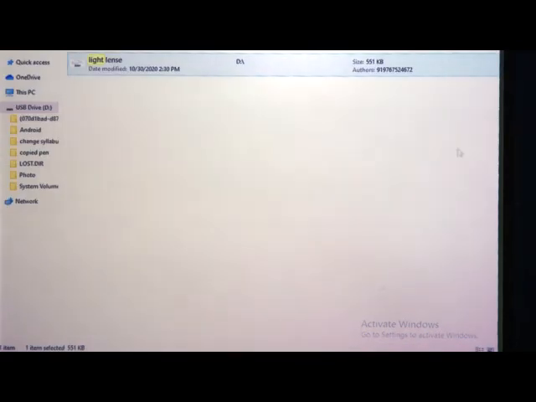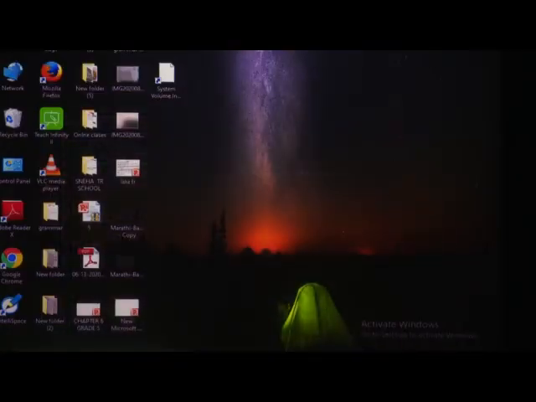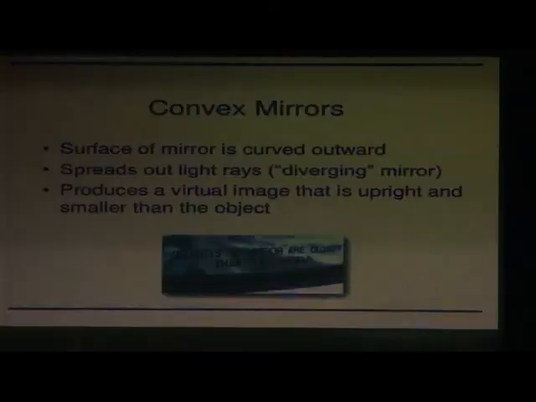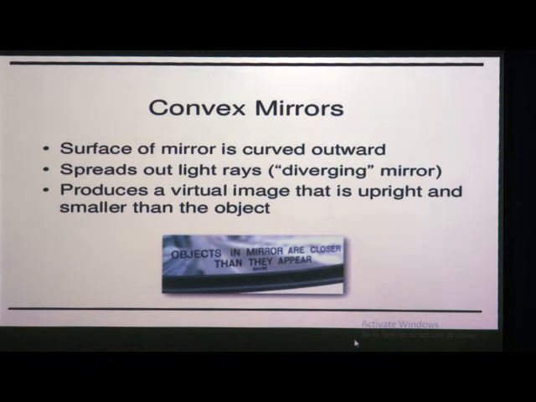Today we will see which type of images we can get from the convex mirror. So what is meant by convex mirror? The surface of the mirror is curved. We discussed that the outer surface of a spoon is called a convex mirror.